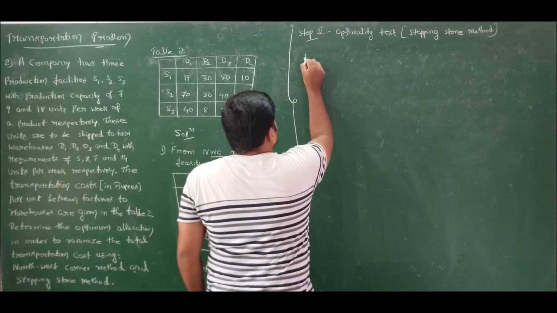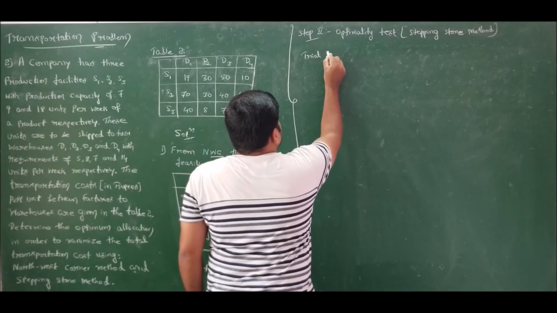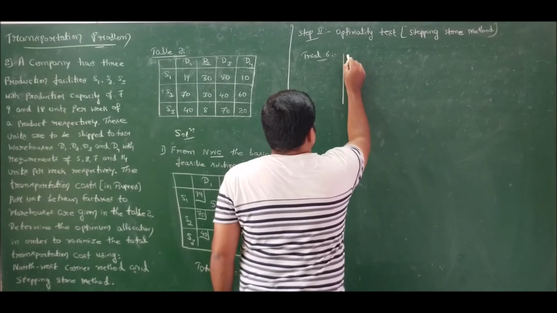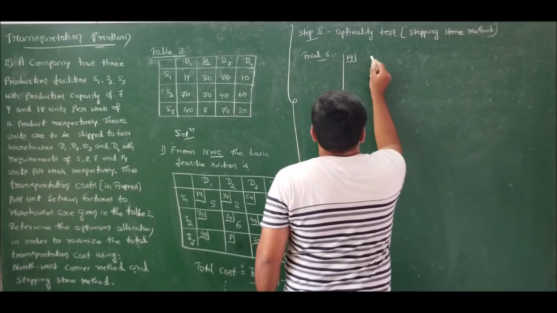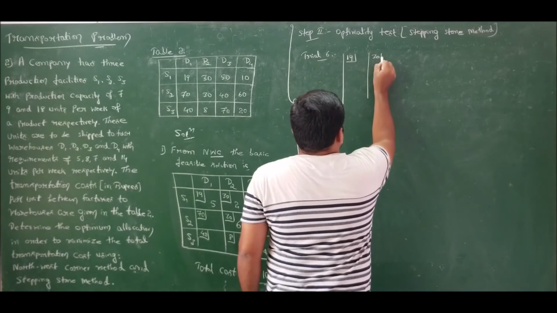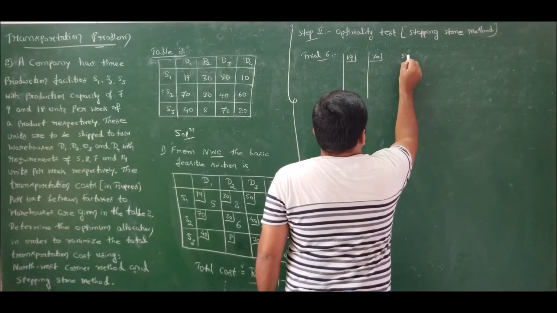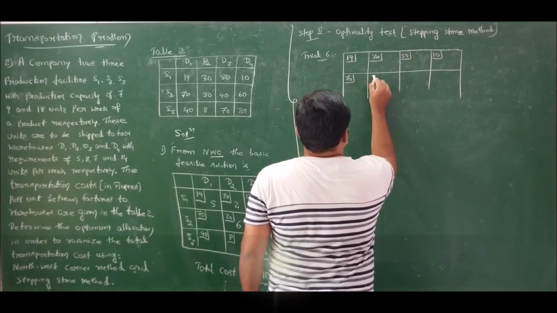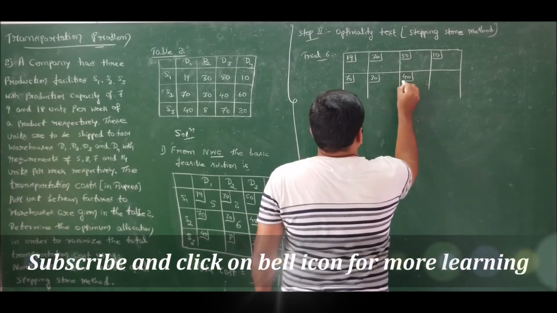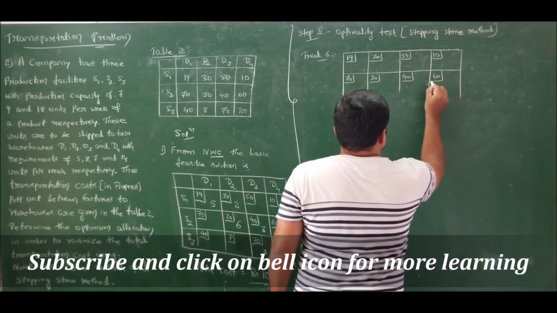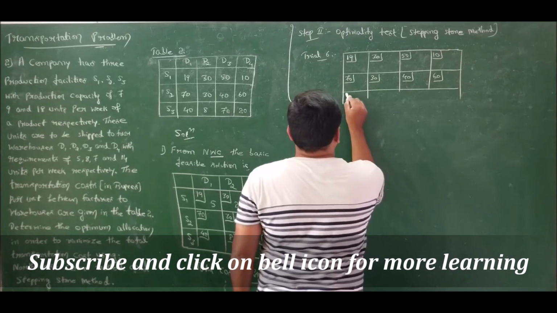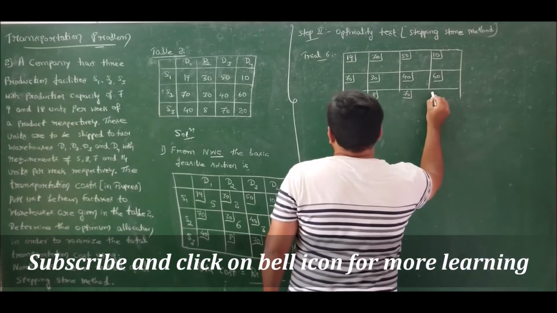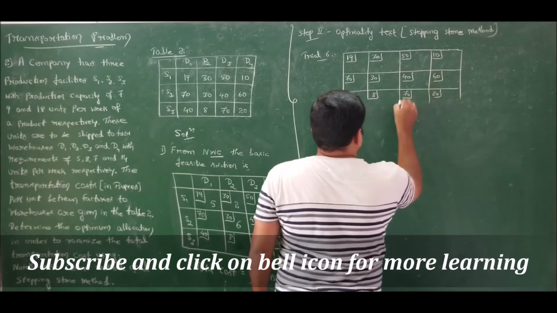Now we have got the desirable optimal solution in trial 6, that is, we have the matrix like this. 19 is the unit cost, next we have 30, then we have 50 and 10, 70, 30, 40 and 60 as the unit cost, and finally we have 40, 8, 70 and 20 as the unit cost.